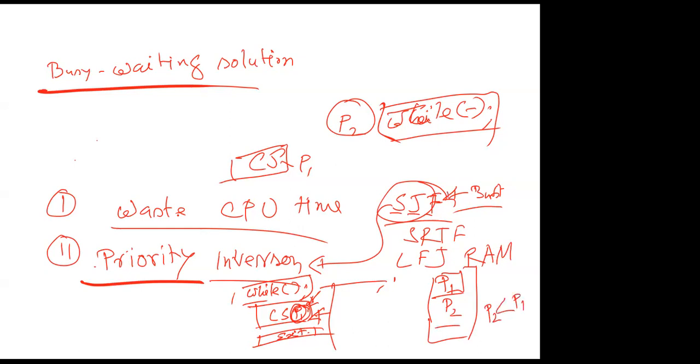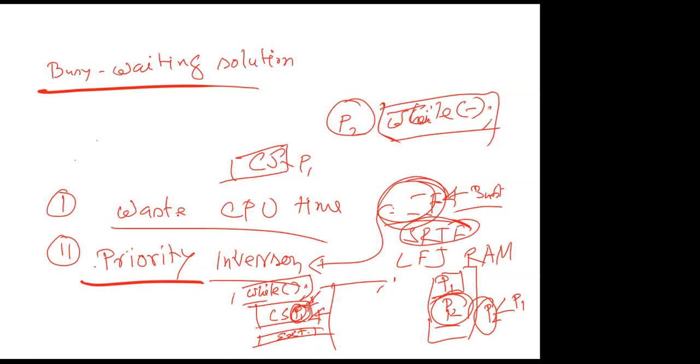If you consider the SJF method, P2 has the least burst time, so P2 will be scheduled by your operating system. Then consider that the scheduler is a preemptive algorithm.